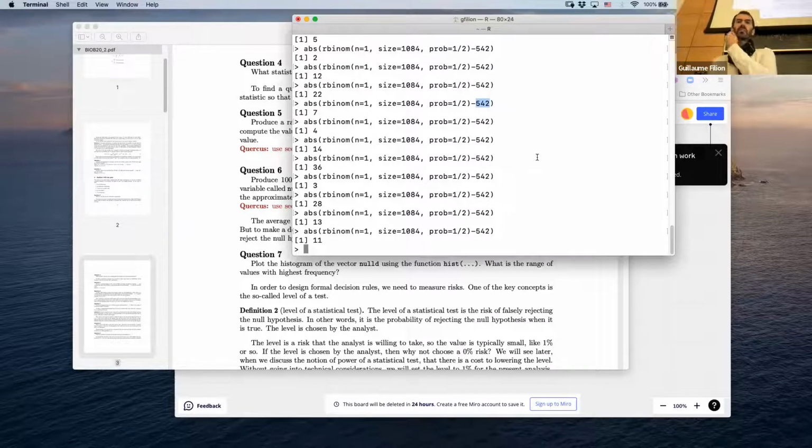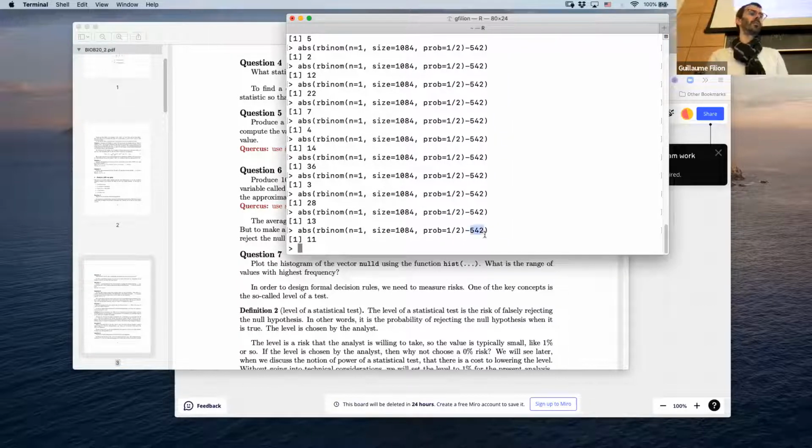When the case happens where it isn't an integer, you keep the digits and R does that for you automatically. If you need to give an integer number, then use rounding. I'll try to not make it an issue, because nobody likes to lose points on rounding conventions, or to have us regrade because of that. In this case, it is exactly 542 because this is even.